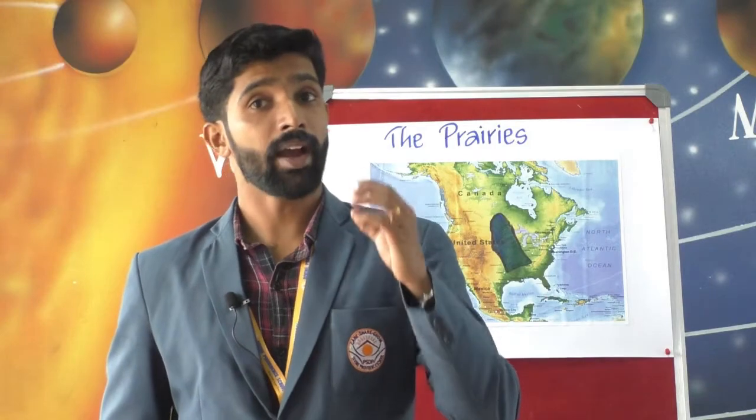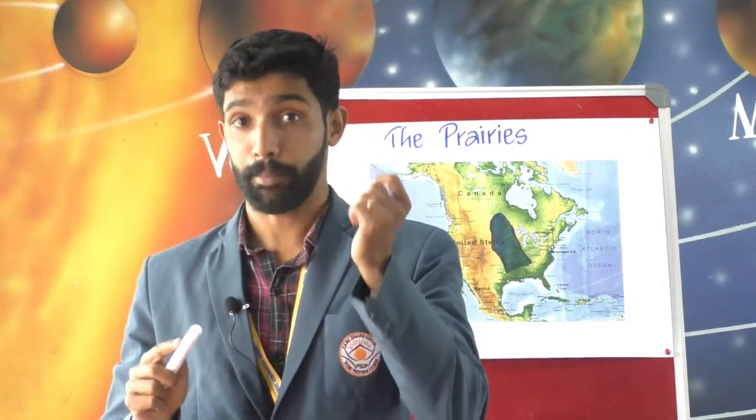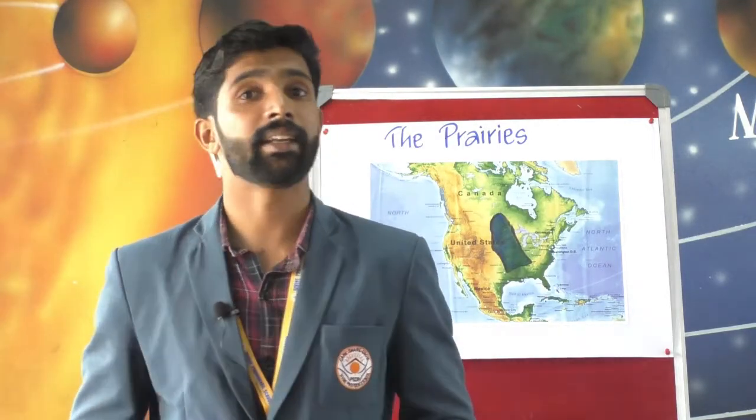The tall and nutritious grasses of the eastern part of the prairies are very suitable for dairy cattle, dairy farms. Yes, dairy farms produce milk, butter and cheese and are generally located near the big towns. And do you know, beef cattle are reared in large farms called ranches.